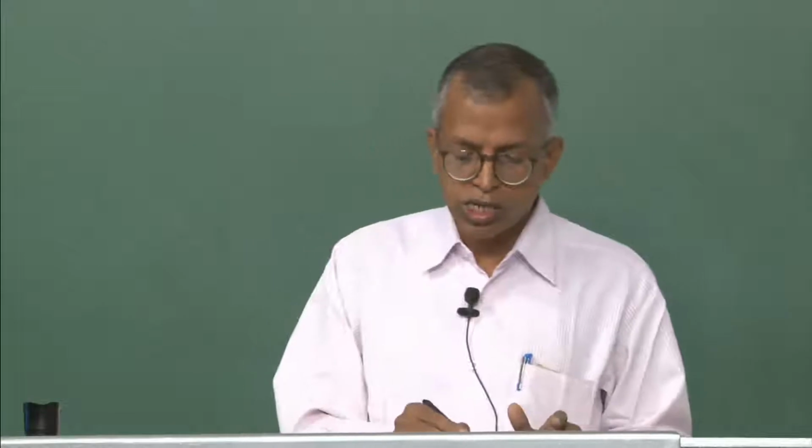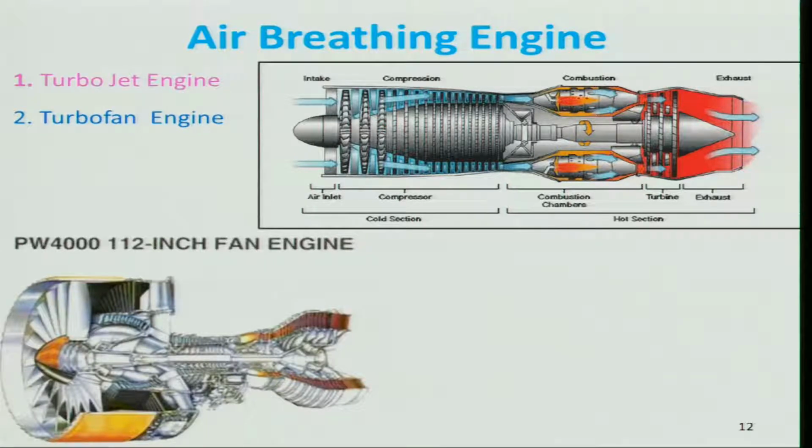Similarly, the turbofan engine is a little different. The compressor, combustion and turbine together are known as the gas generator, because it generates the gas, and the gas generator is there in this case.